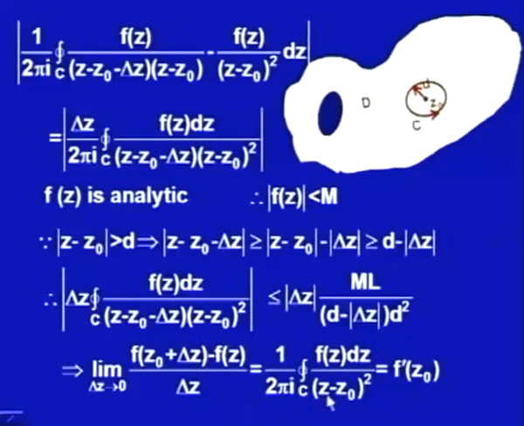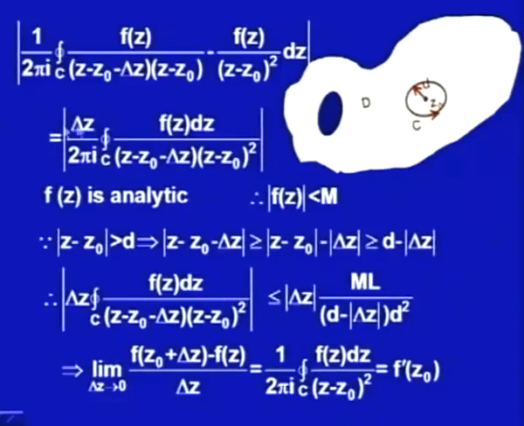Now, f dash z naught is again coming in the same form. The only thing is that here we had made it z minus z naught whole square rather than z minus z naught only. Function f(z) is analytic again in the whole domain D, on the contour C and inside this C. The only point where this analyticity would break for f(z) upon (z minus z naught) squared would be z naught. That is again the same kind of conditions being satisfied.